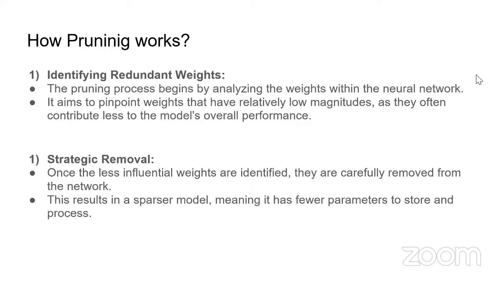Then there is removal of parameters, or strategic removal. Once the redundant parameters are identified, they are removed from the network. This can be done in various ways, such as zeroing out weights or completely removing entire neurons or layers as well.